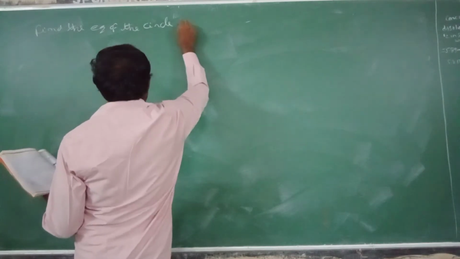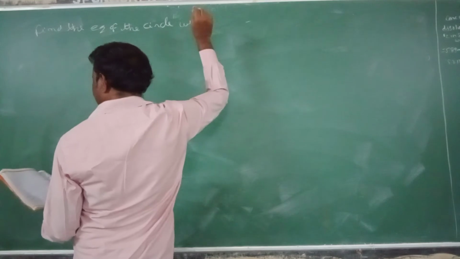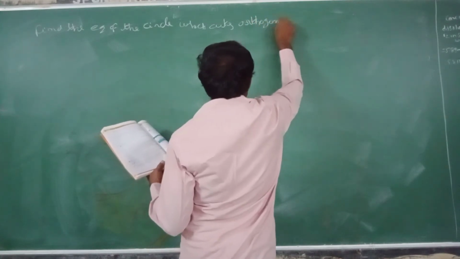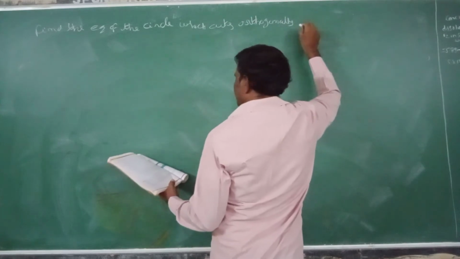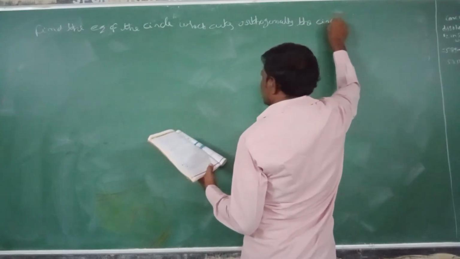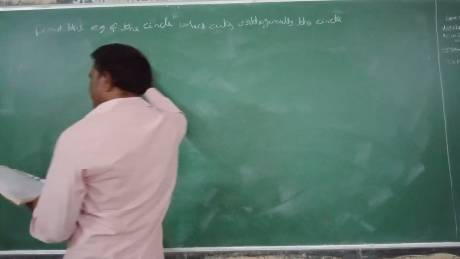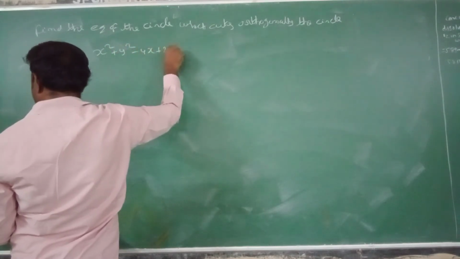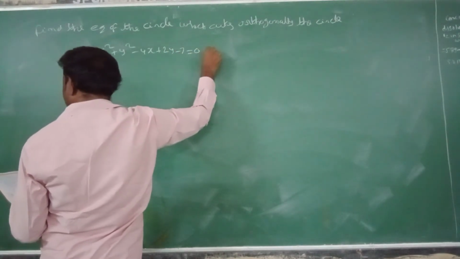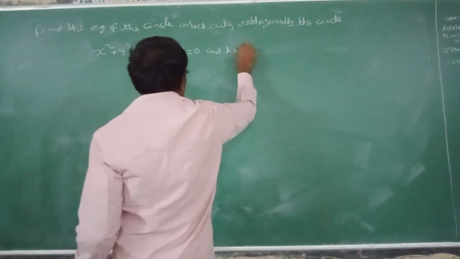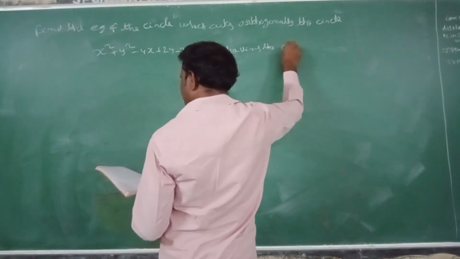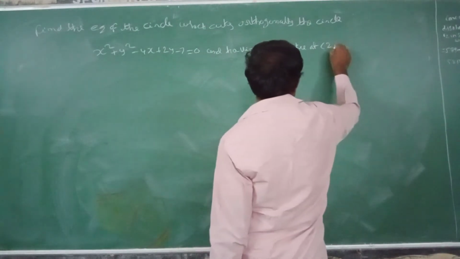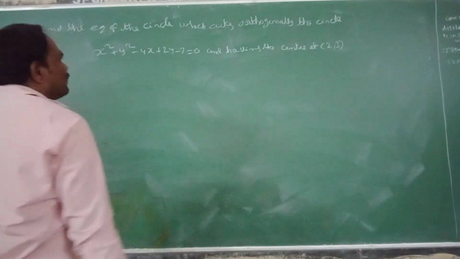which cuts orthogonally the circle x square plus y square minus 4x plus 2y minus 7 is equal to 0, and having the center at 2, 3.